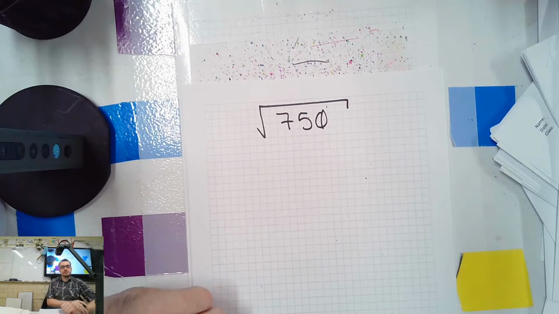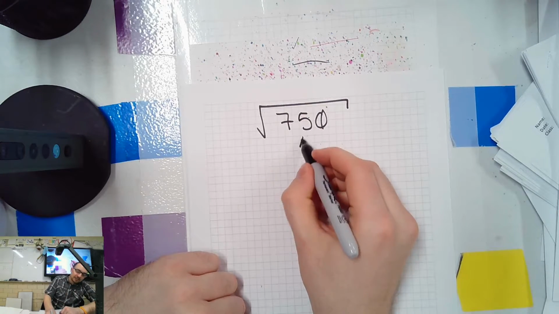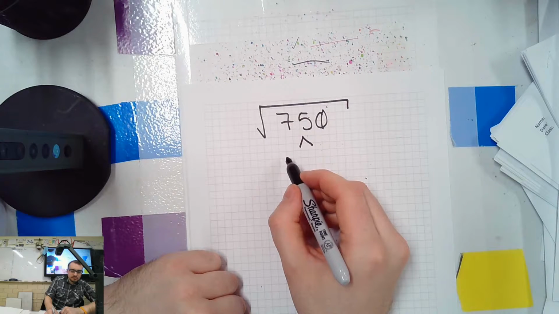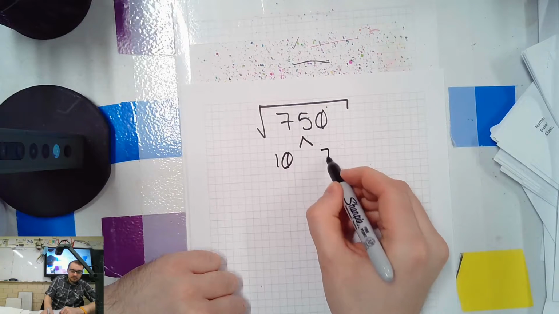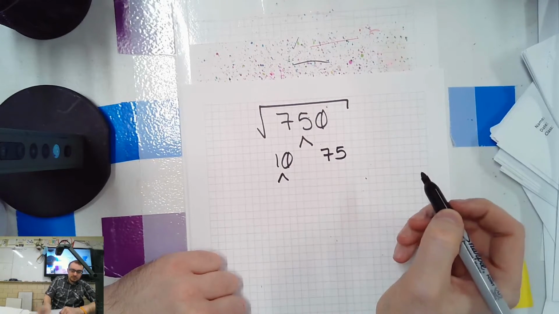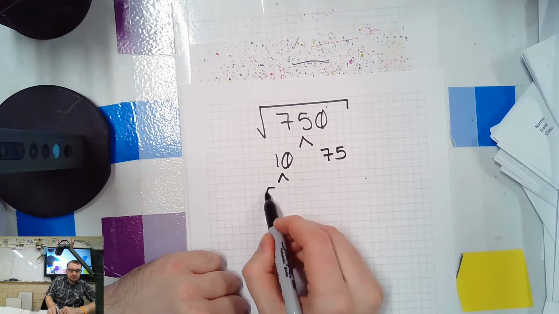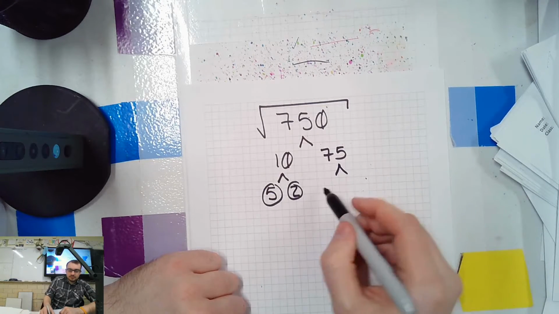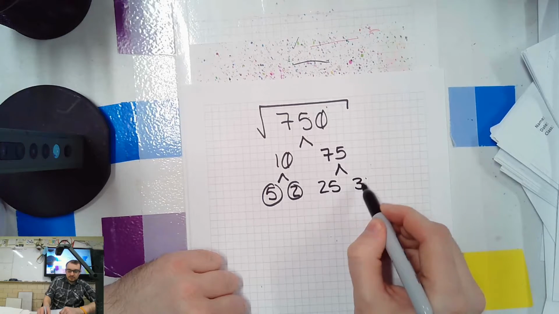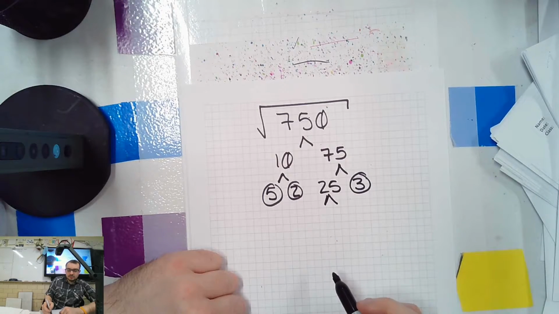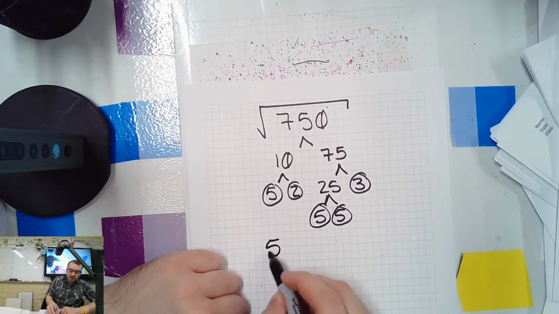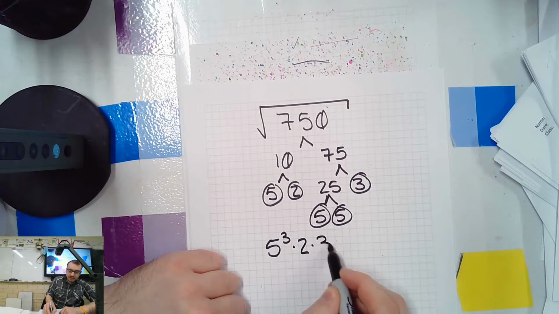Let's simplify this root. What factors? 10 and 75. 10 is 5 and 2, and they're done. 75 is 15 and 5, and 15 is 5 and 3. So we have 5 cubed times 2 times 3.